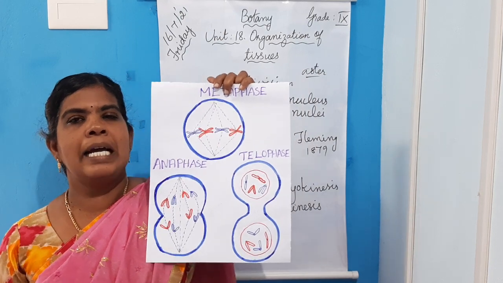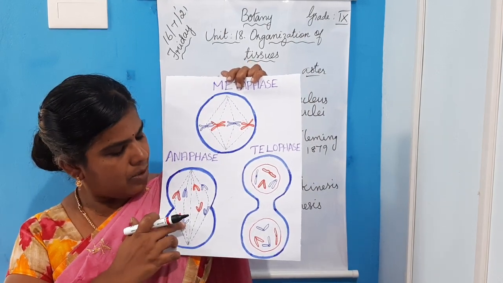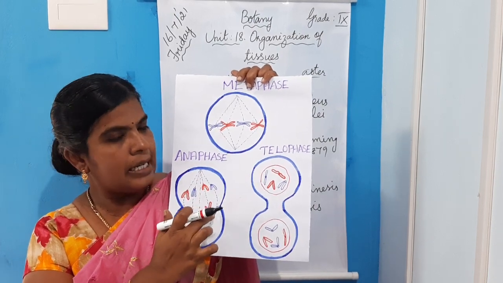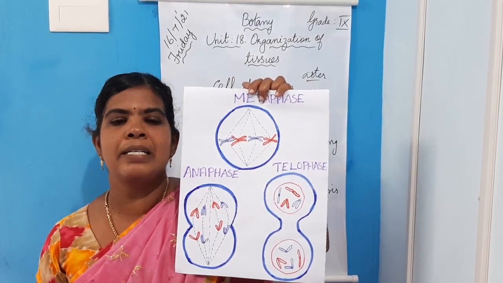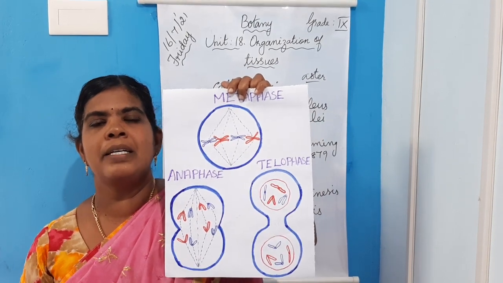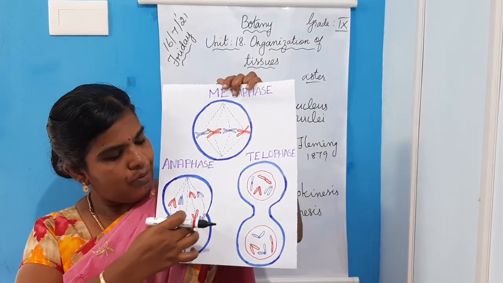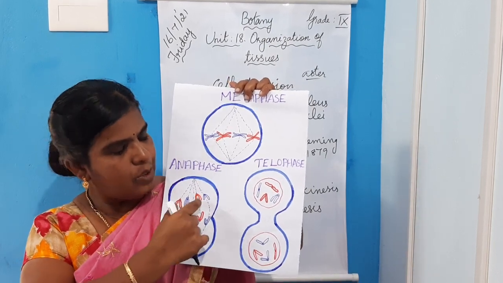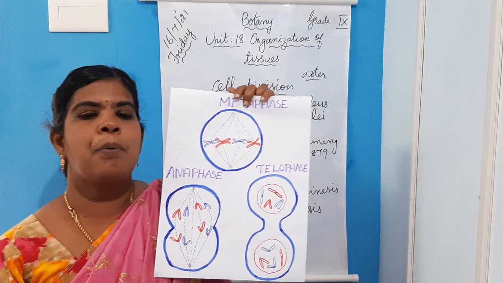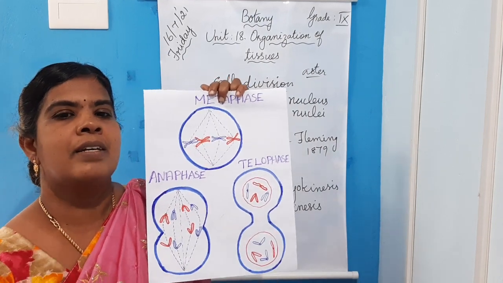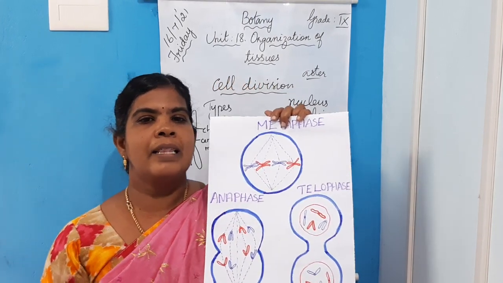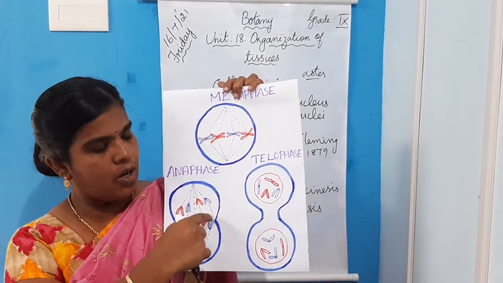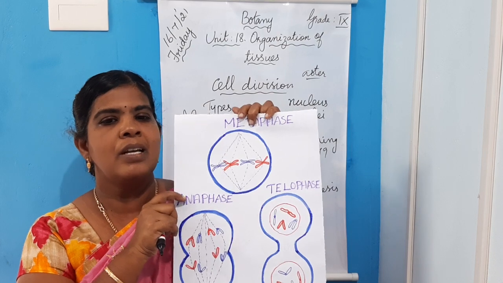These are the chromatids. The two daughter chromatids migrate towards the opposite poles during anaphase.